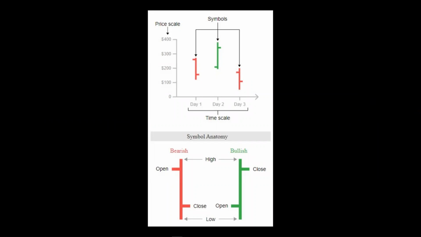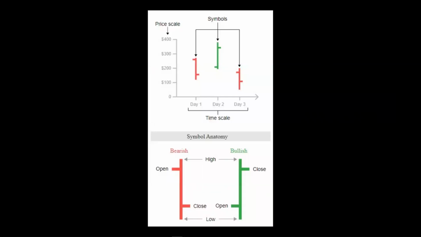OHLC charts are useful since they show the four major data points over a period, with the closing price being considered the most important by many traders. OHLC bars consist of a vertical line and two short horizontal lines, extending to the left and right of the vertical line.